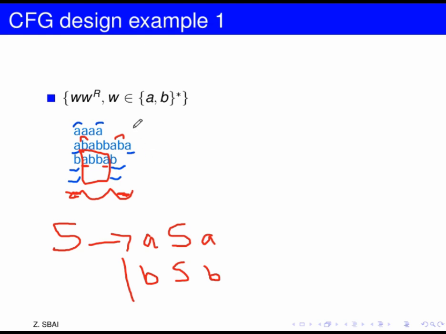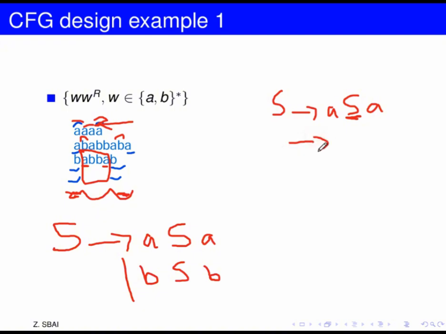Okay, for example, for this string here, we will say that S will produce A, S, A. Okay, so this A appeared and the last A also appeared, and this S should lead to the AA in the middle.